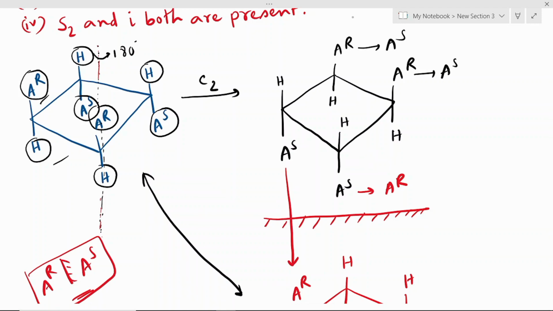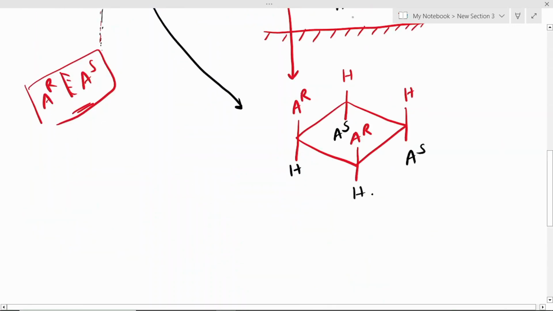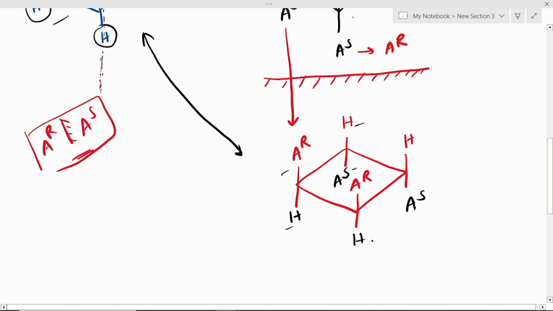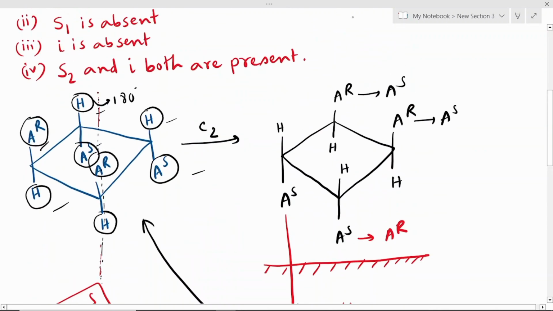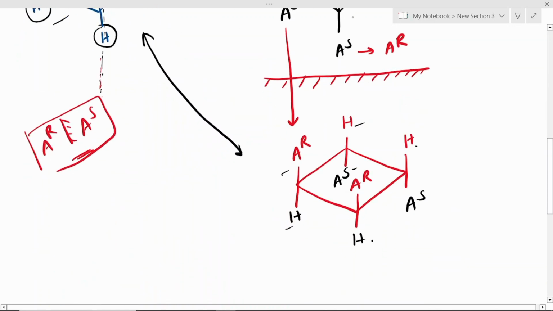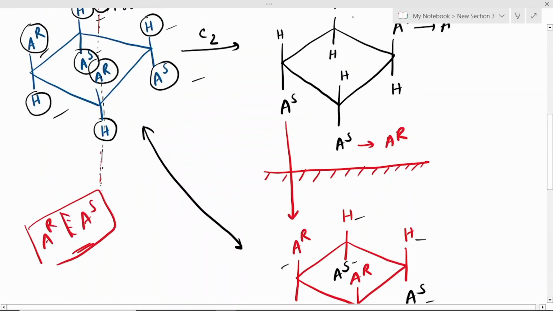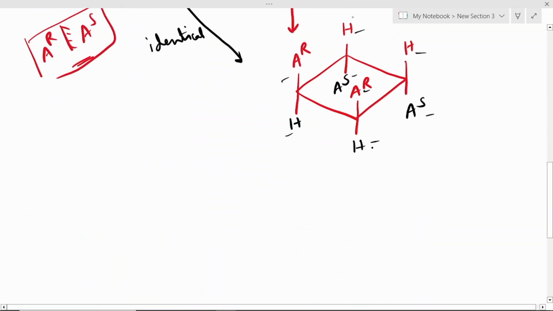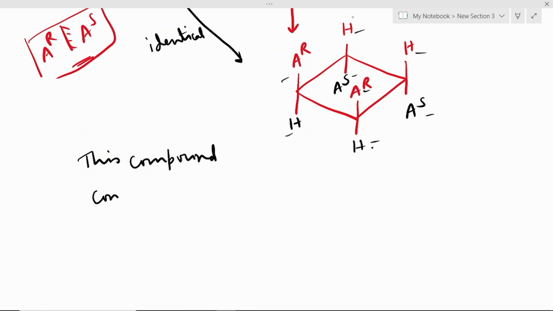Here it is AR and H, and also here it is the same position with H. We can see that here is H and AS, so here also H and AS, here H and AS, here also H and AS, and here AR and H, so AR and H. So these two are identical, that is, this compound contains S2 axis.